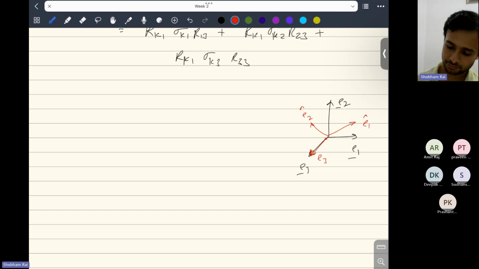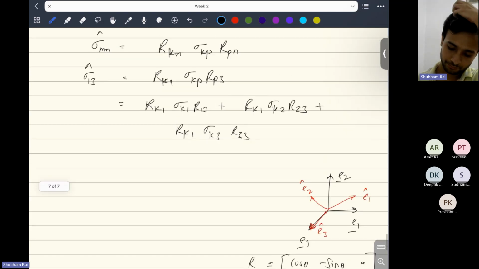E3 is also the 3 hat, so E3 hat will be equal to E3. So your rotation matrix, as you know, will be given by cos theta, sin theta, 0; minus sin theta, cos theta, 0; and 0, 0, 1.